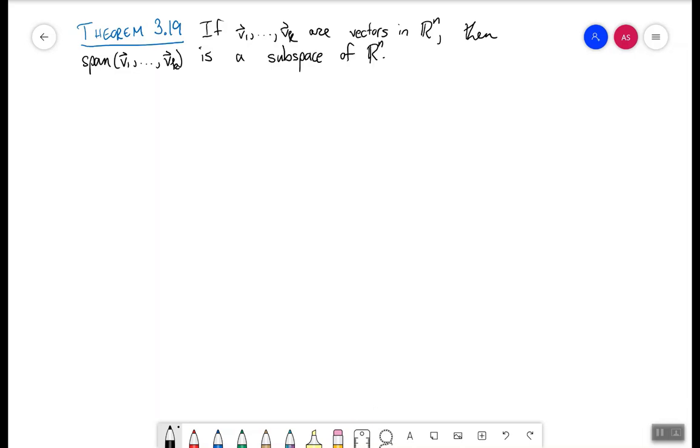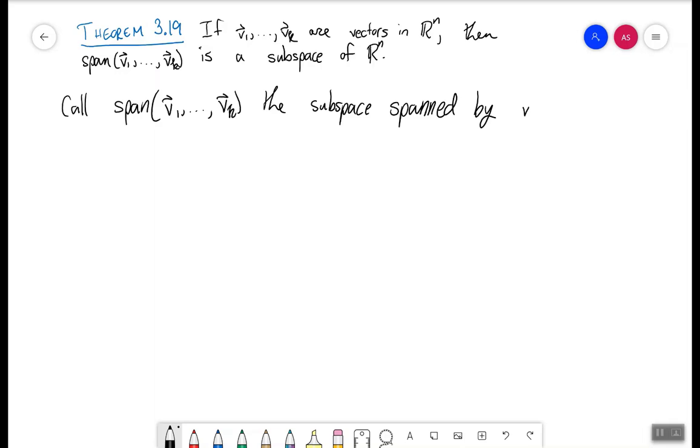And so we call the span of V1 through Vk the subspace spanned by V1 through Vk. Well, I already have the word span. I already say, okay, this is the span of V1 through Vk. Sometimes I want to emphasize the fact that it's a subspace, so I'll say it's the subspace spanned by V1 through Vk, and this is what I mean.